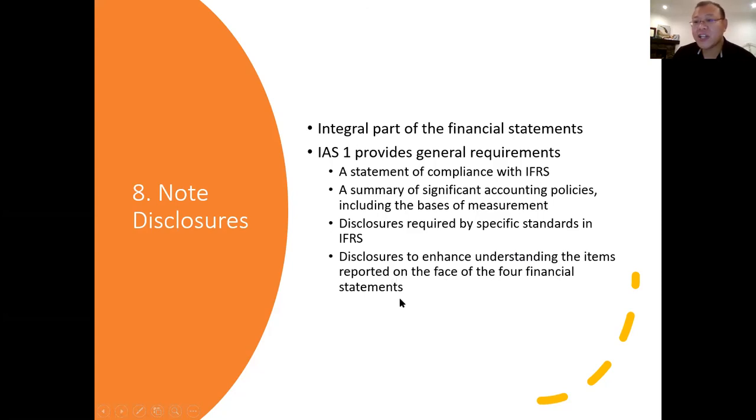Eventually, you reach the point that your financial statement is understandable, right? Remember understandability, that's one of the enhancing information characteristics. So you want to disclose any information that is going to help the users to understand the items.